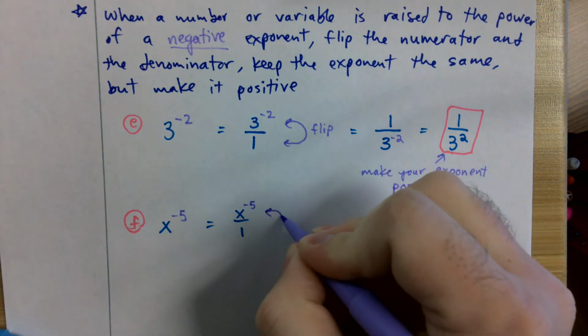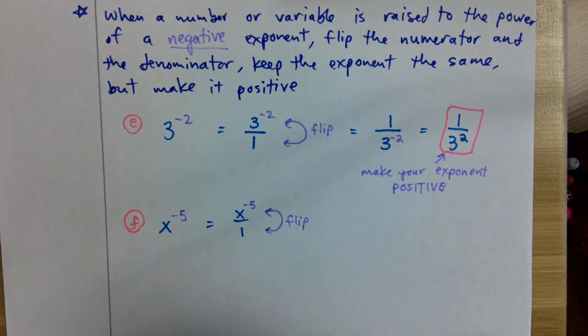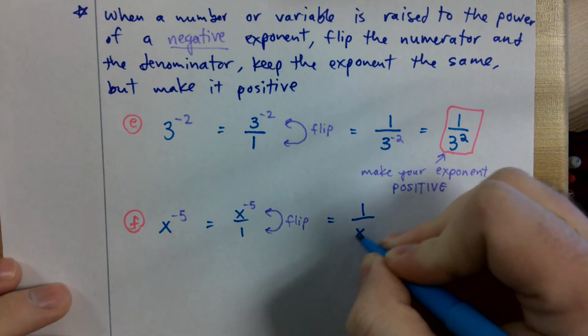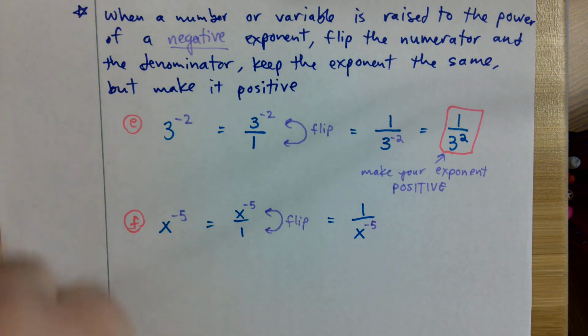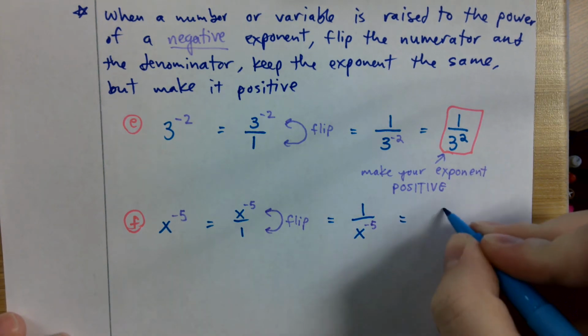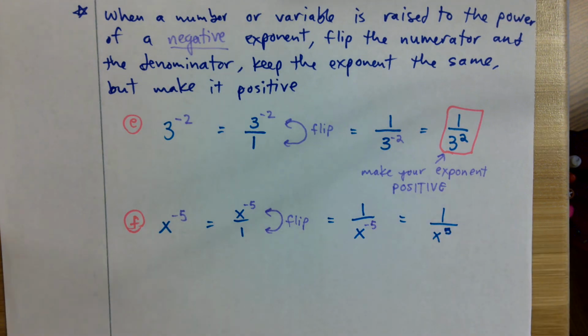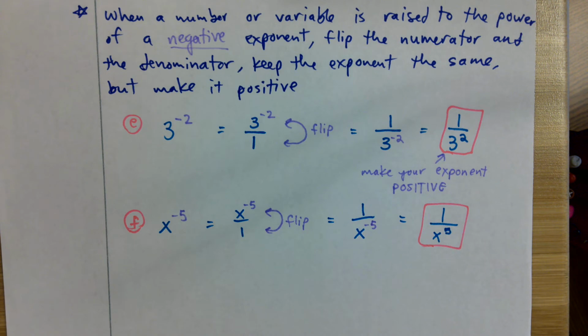Once again, we're going to flip our numerator and our denominator. It's going to equal 1 over x to the negative 5. And then we make our exponent positive and get a final answer of 1 over x to the fifth.